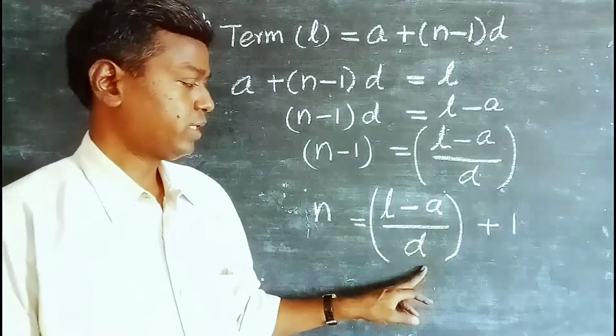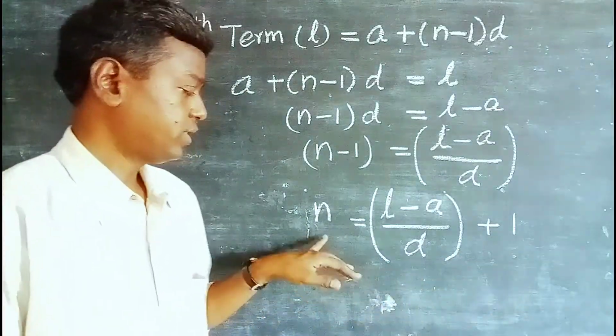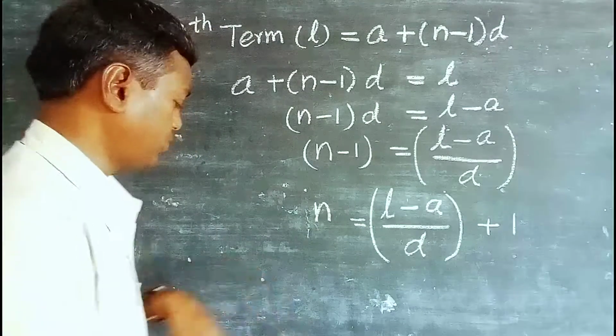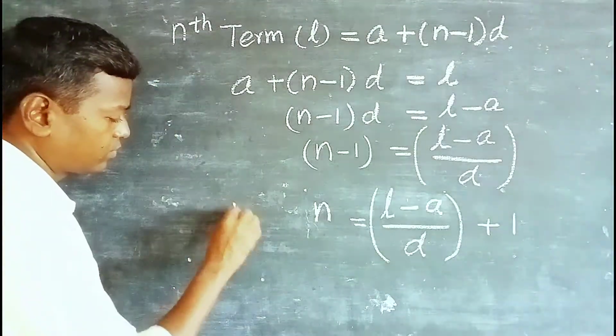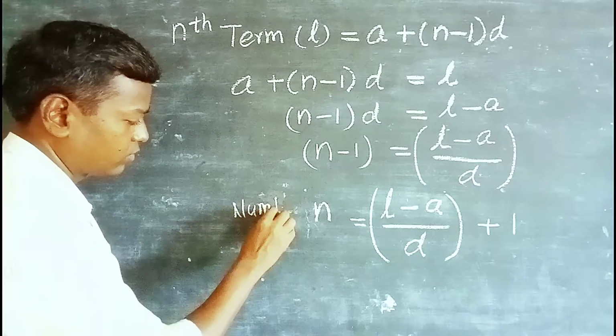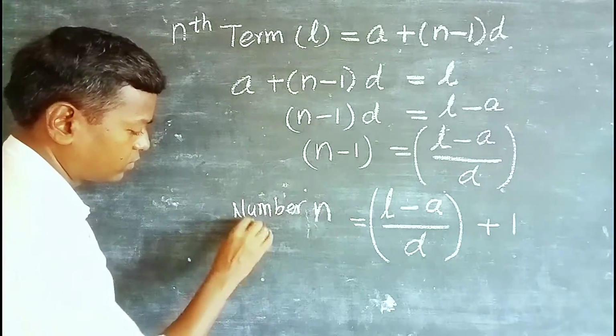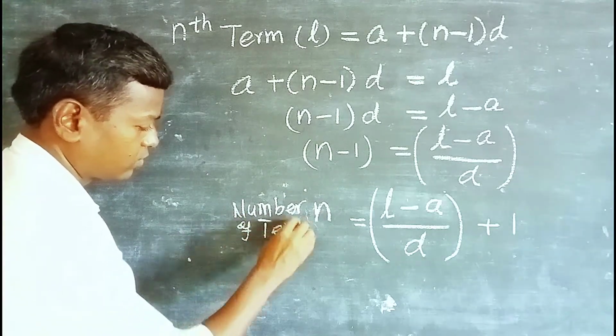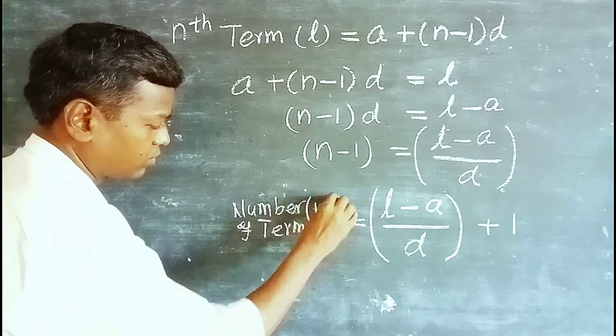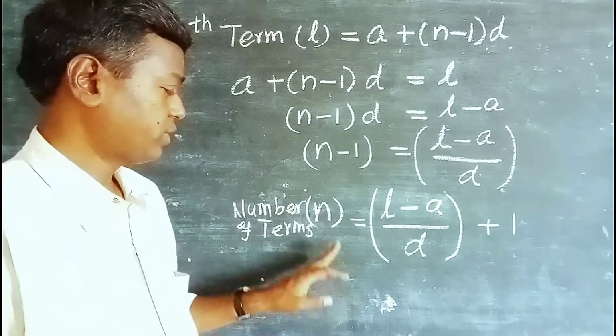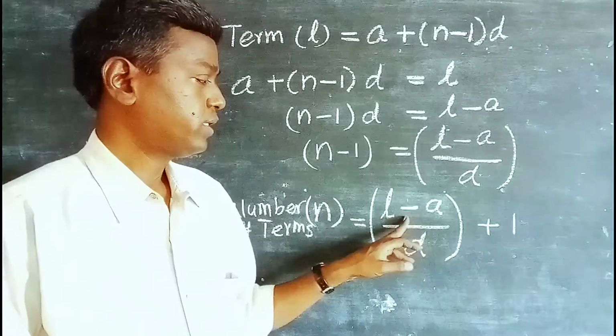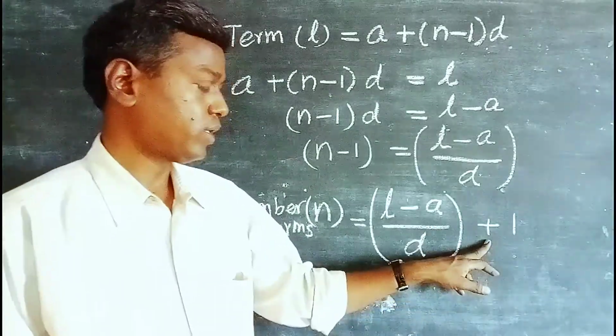So n equals (L minus A) by D plus 1. This is the n, the number of terms. The number of terms n is denoted by (L minus A) by D plus 1.